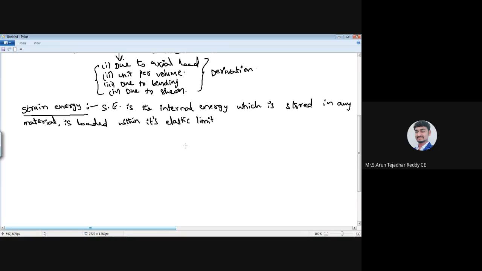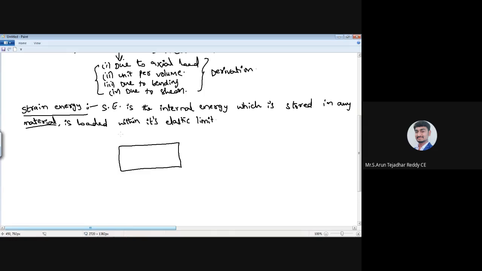It means, first take one material. Imagine this is one type of material, or one type of body, or a beam. What is the meaning of strain energy here?